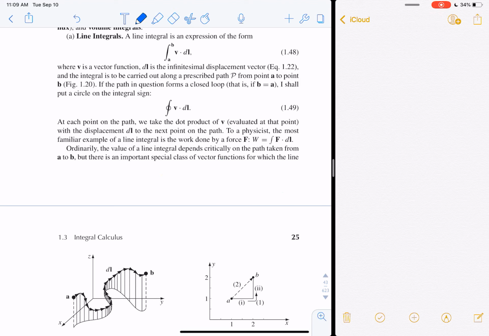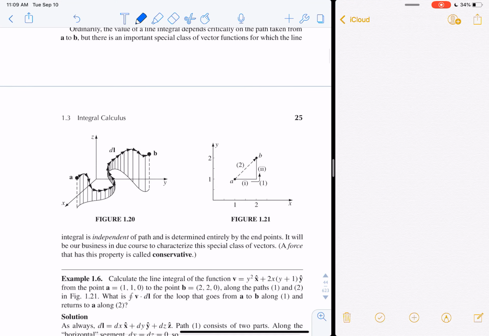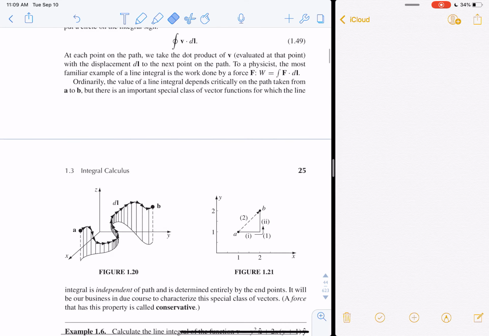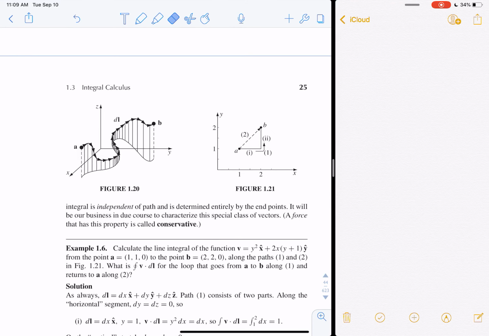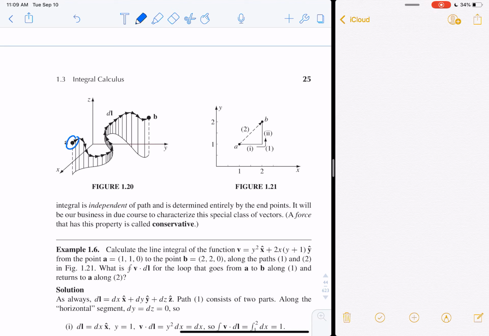Or if you are constantly changing your force that whole time, now you need to do the integral, so you don't have to actually calculate every little bit of line. So here's your path. You're adding up all your little DLs dotted into all your little vector fields on the path you're taking. Now, the important thing is, most of the time, if you integrate from A to B, it turns out that for most of the forces we deal with, conservative forces, the path doesn't matter.